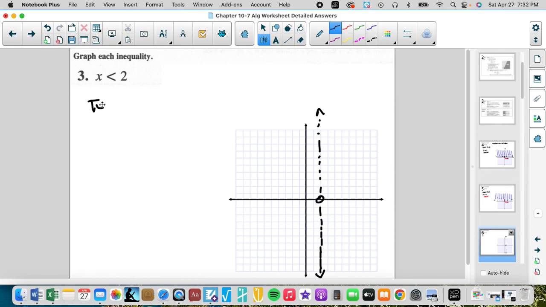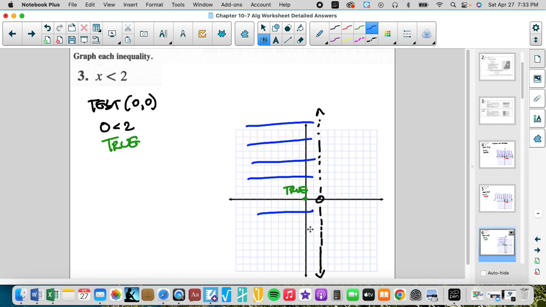I'm still going to test 0, 0, and my x value is 0. Is 0 less than 2? Yes, that's true. So this point is true, so this side is true. All of these points are true on this side, and all the points on the other side are false.